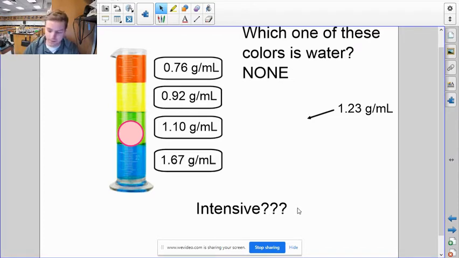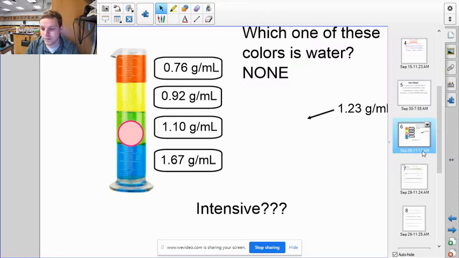Now, if I were to take some of my hand sanitizer, which has a density of like 0.8, and squirt that into my coffee, then the density would change because I'm mixing 2 different things together. So it's not that we can never change the density of the stuff in here, but if we're only changing the amount of coffee in my cup, that won't change the density. So that's what it means for a property to be intensive. It doesn't matter how much of it you have, the property won't change. But if you change what's in there, it will. And we'll talk a lot more about that in the coming weeks.